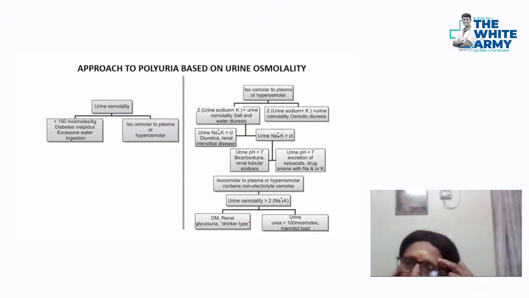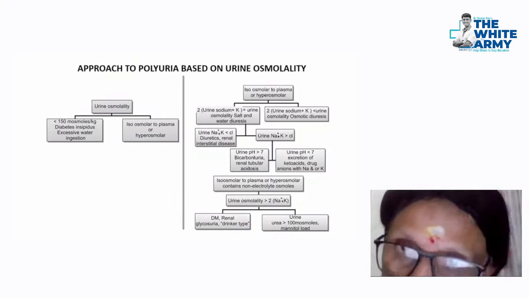If the urine sodium potassium is less than urine osmolality, that means there is some other osmotic substance in the urine. It could be glucose, due to diabetes mellitus, renal glycosuria, or excessive ingestion of glucose as in dextrose-type hyperglycemia. If the urine contains more than 100 osmoles of urea, or if you have given mannitol, that can also produce a high osmolality.